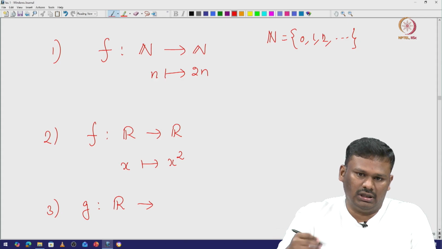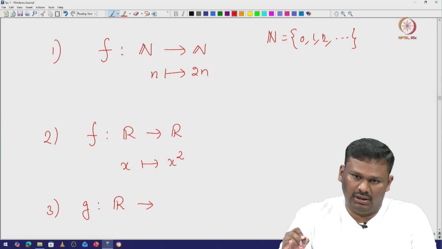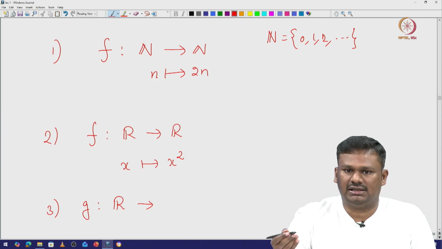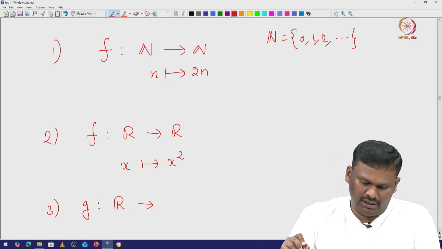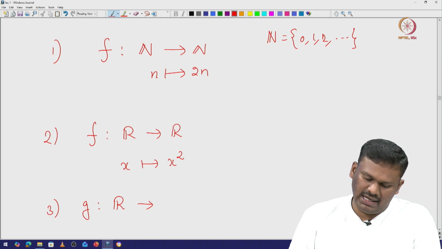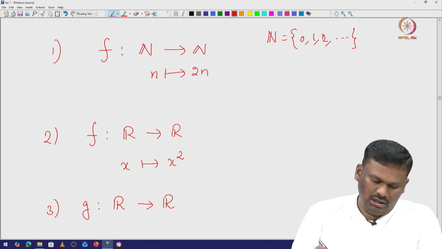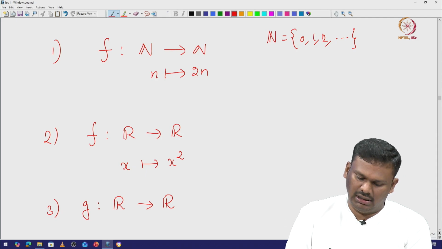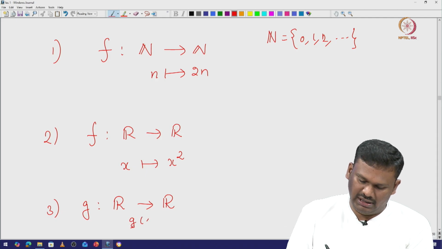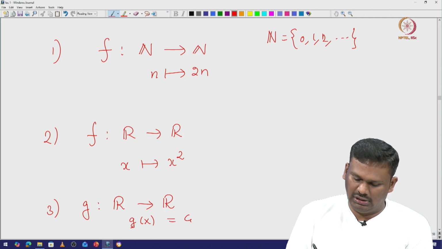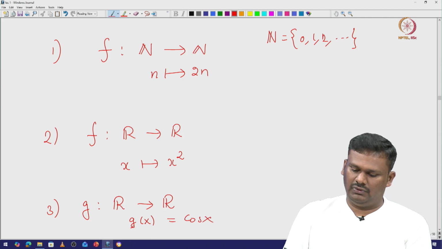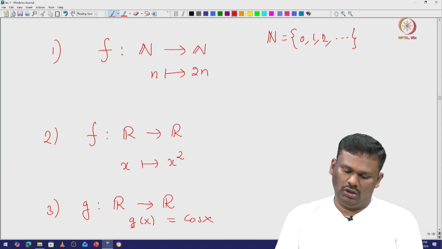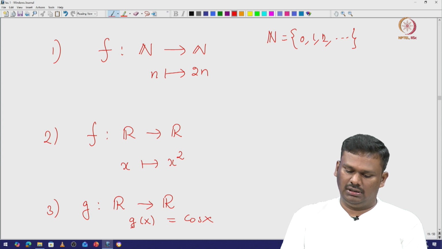So, sometimes we can also use f1, f2 or f alpha if you want to index the function. So, you can take g from R to R. For example, you can use some complicated formulas like g of x equal to cos x, okay, and assuming that you know how to define cos x.